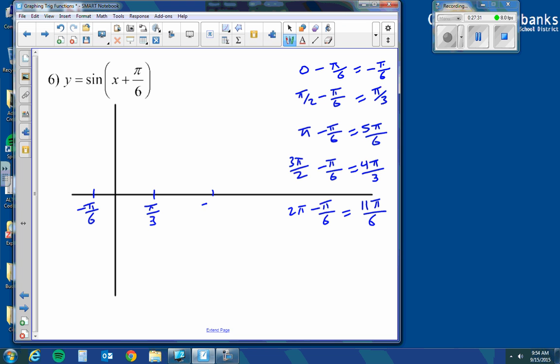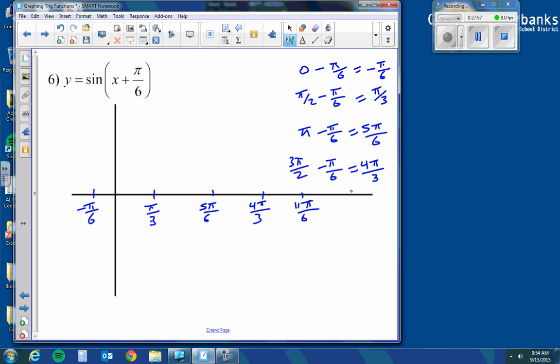The next number was 5 pi over 6. The next mark is 4 pi over 3. And the last mark was 11 pi over 6. But hopefully you see what I'm saying. The spacing between these marks should be equal. They should all be pi over 2 in this case.